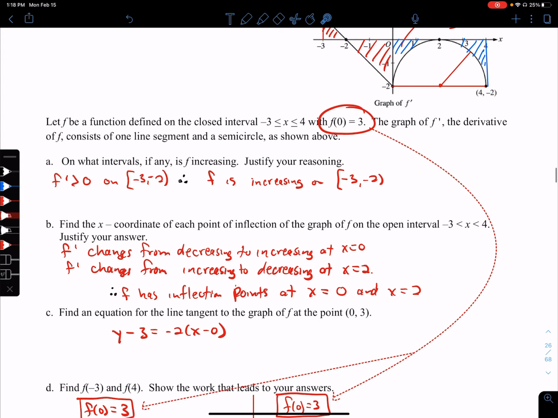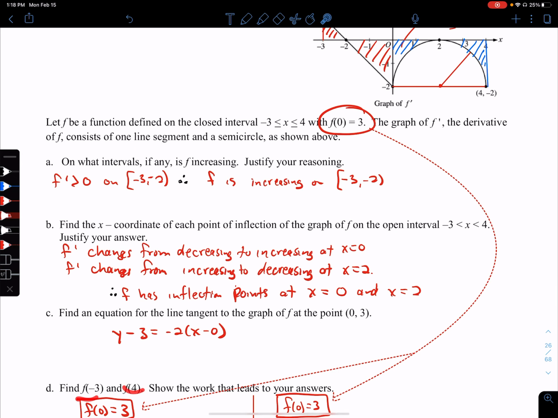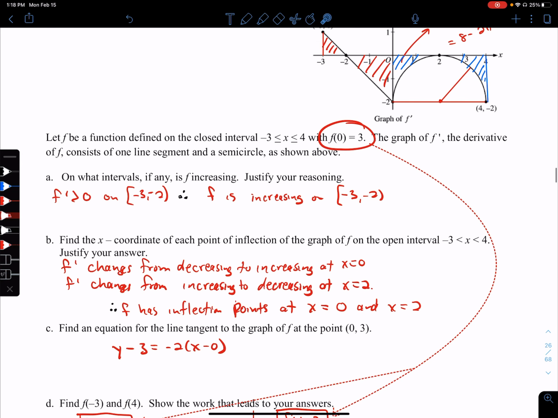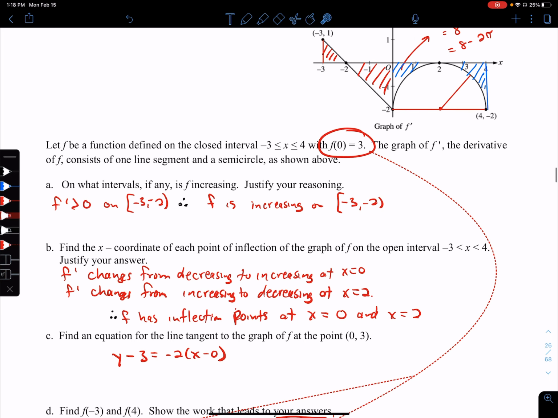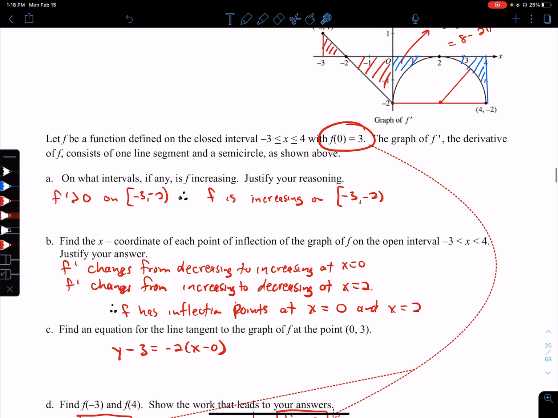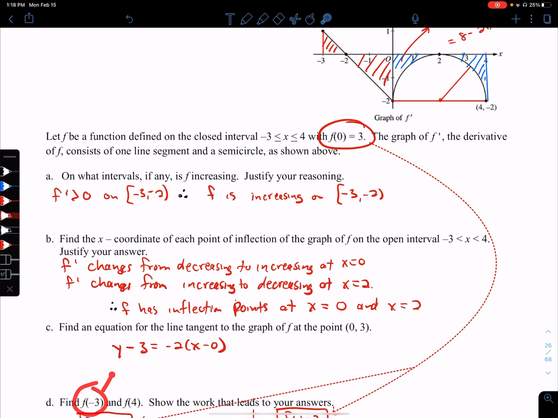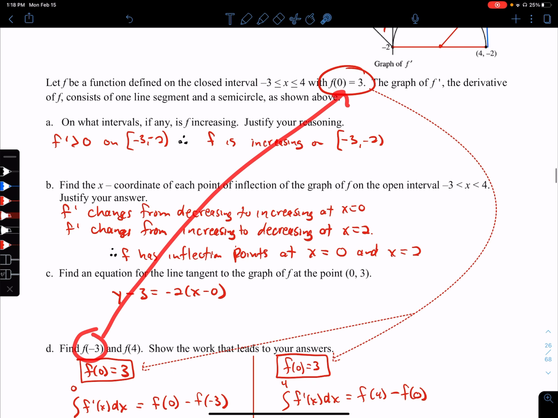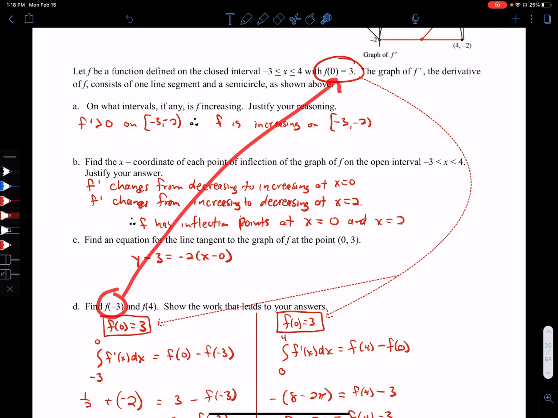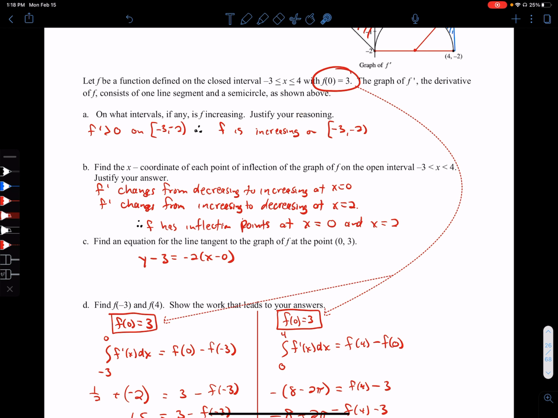Part D. Find f of 3 and f of 4. Show your work that leads to your answer. So for f of -3, we need to couple this with another ordered pair that we do know, and that's here at (0, 3). So we know that when x is 0, y is 3. So we're going to integrate from -3 to 0. -3 comes from this, and 0 comes from the fact that we have this other ordered pair.